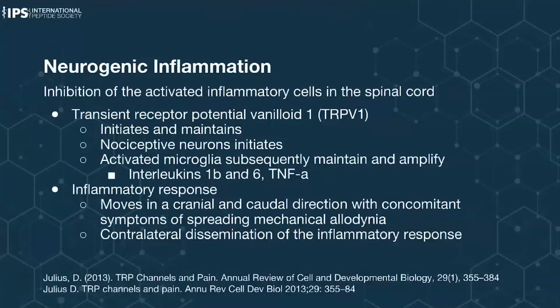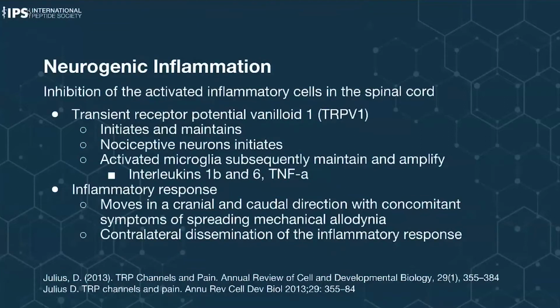I think what's important is we want to inhibit the activated inflammatory cells in the spinal cord. To do that, what is happening is there's this transient receptor potential vanilloid 1. It's the TRPV1, and this is what initiates and maintains this nociceptor neuron process.